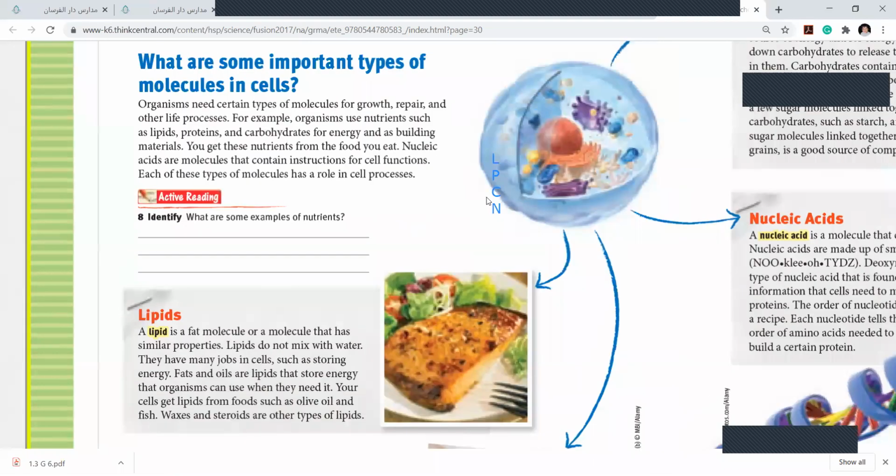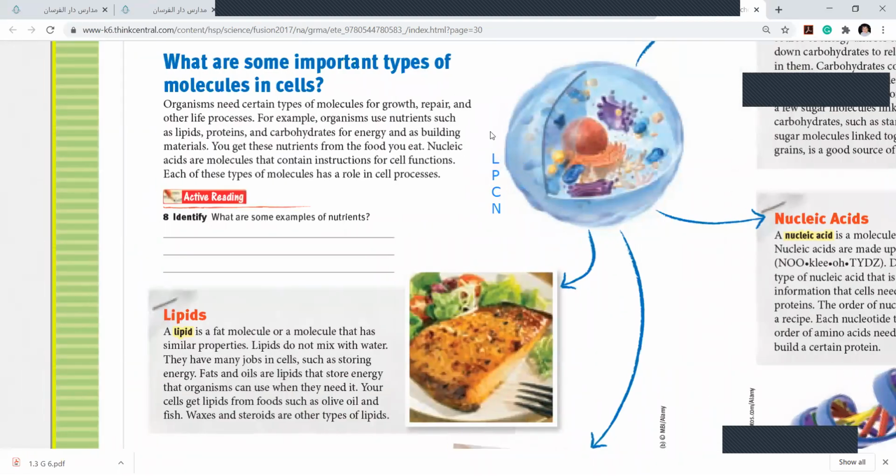I used to say the fuel of my cell is LP Cartoon Network. Cartoon is carbohydrate, Network N is nucleic acid. For P you can make any word. L is for lipids, P proteins, C carbohydrates, N nucleic acid.